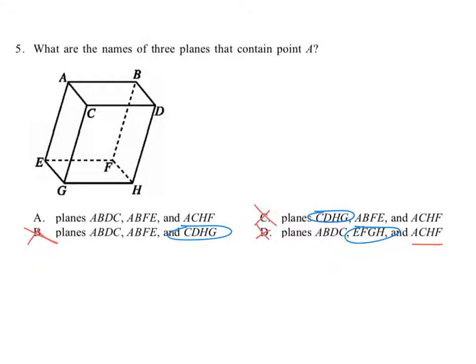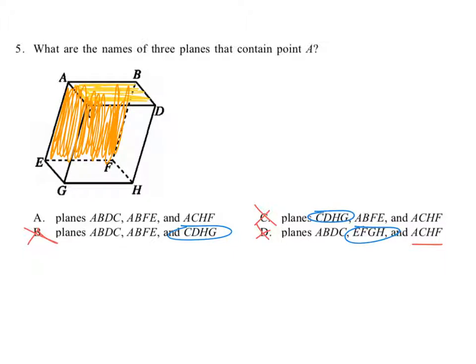So let's highlight what we know to be true about A, which is that on A you have A, B, D, C, this plane right here. And you also have A, B, F, E, the plane that's in the back. Okay.